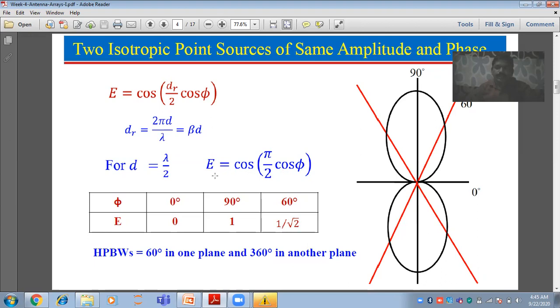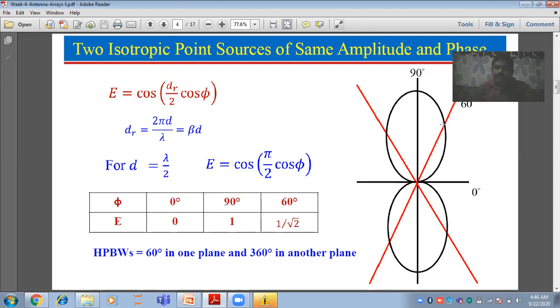So the resultant field is 1 by root 2 of the maximum value. This is said to be the half power point, or 3 dB point, since the maximum value is unity. So in the direction of 60 degrees, we are getting the 3 dB point.